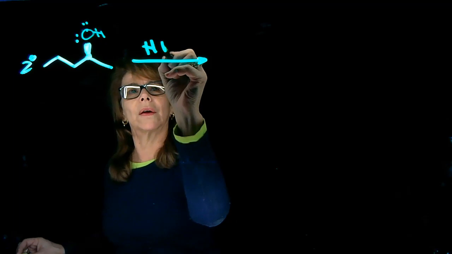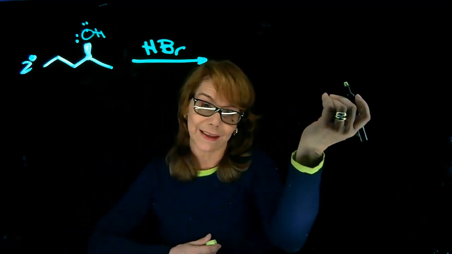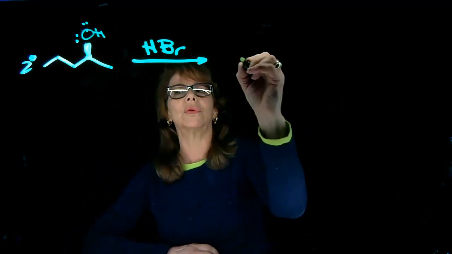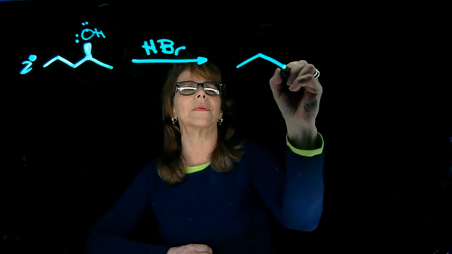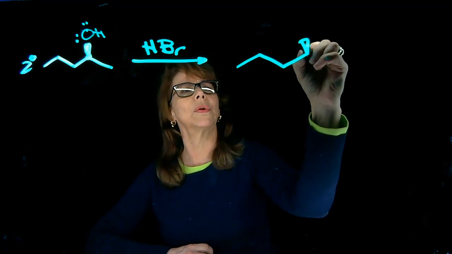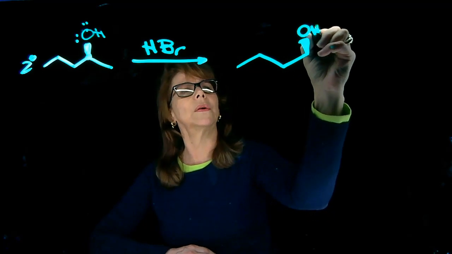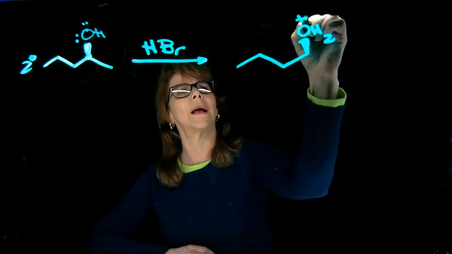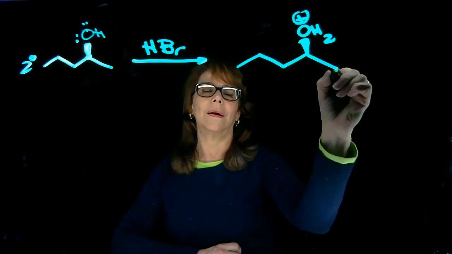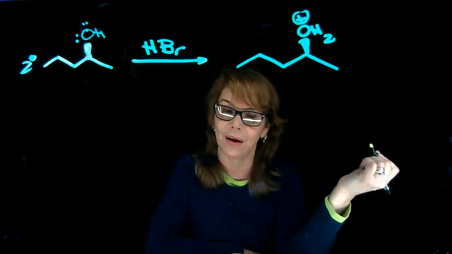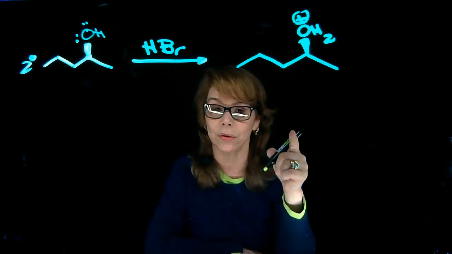So now if I work with HBr, and that's aqueous, what I will do first is an acid-base reaction, which will now protonate the OH group. And in protonating the OH group, now we're making that a good leaving group.